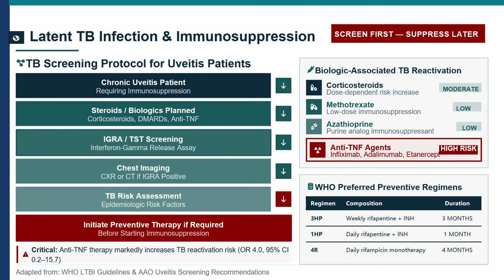As I said, a latent tuberculosis is one in which you find a patient with positive immunological testing, but he has no clinical pulmonary tuberculosis. And the WHO recommends to treat even these patients, even if you just find a patient with granulomatous uveitis highly suggestive of tuberculosis, but you have no strong evidence based on the radiology or the lung manifestations.